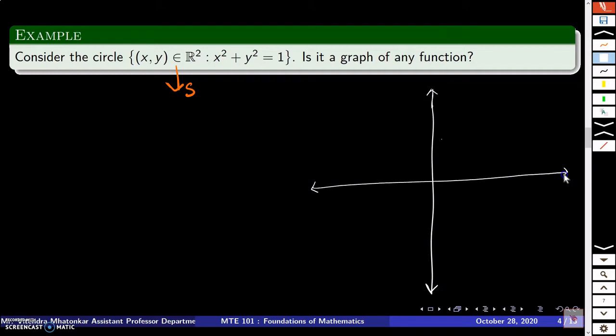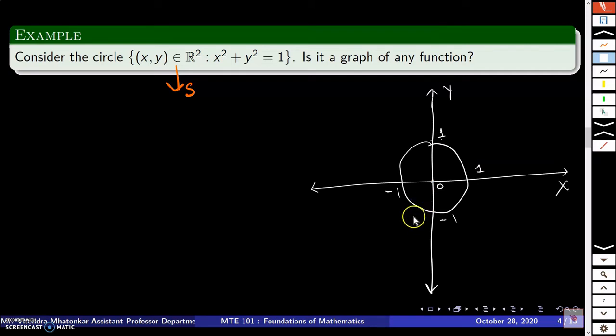Supposing I draw a rough sketch. Suppose these are my x and y axes, which are R, and I have the unit circle. My diagram is not proper, but assume that it's a unit circle centered at the origin. So 1 is here, this point is 1, this is -1, and here again it's -1, and that's the origin.